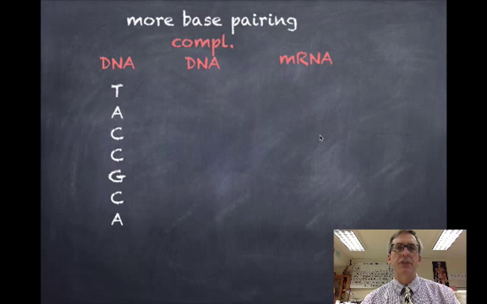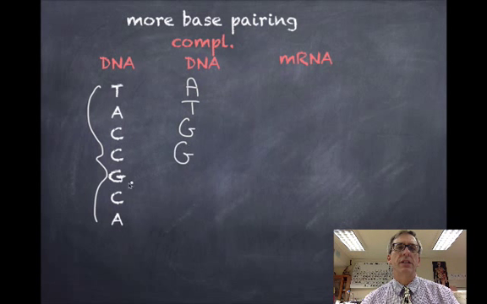So we'll practice our base pairing one more time today. If I'm looking at this strand of DNA, its complementary DNA: T pairs with A, T with A, C with G, C with G, G with C, C with a G, and an adenine pairs with a thymine.